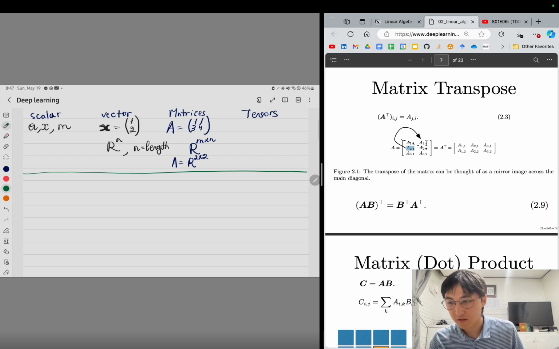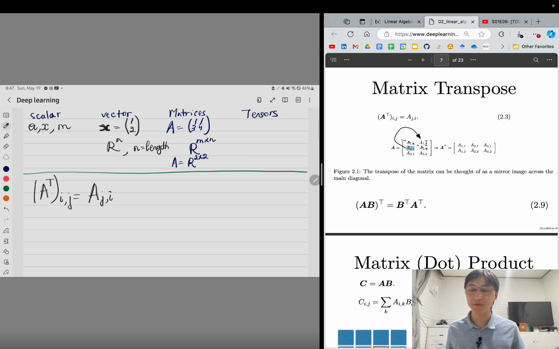The official formula for that: let's be professional, and we should use the same color. So (A^T) of i, j equals A of j, i. So that's transpose.